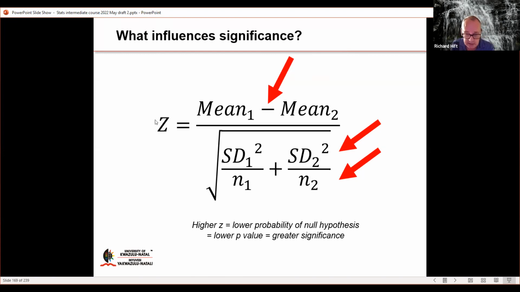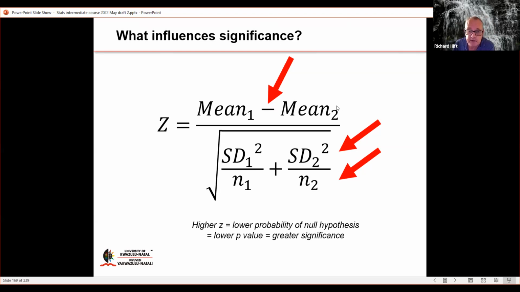study is comparing two means, as in, is systolic blood pressure higher in women than in men? Do rats fed a particular substance live longer than another group of rats that didn't get that substance? That sort of common experimental design. Well, what will make Z bigger?